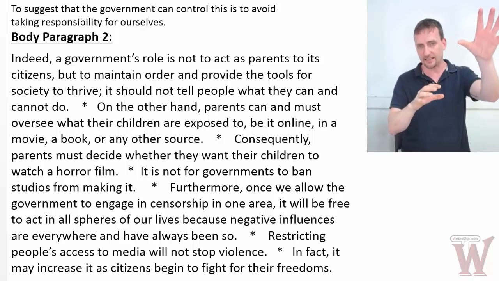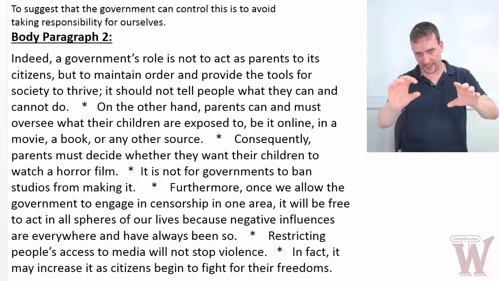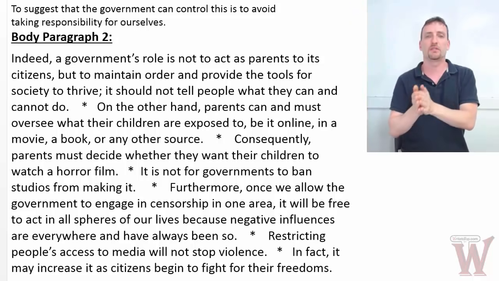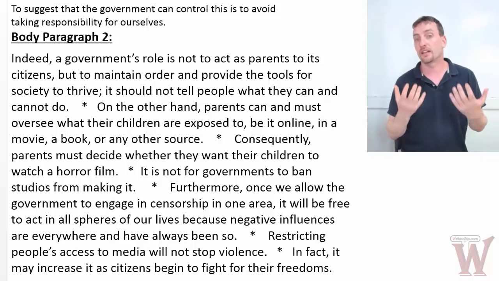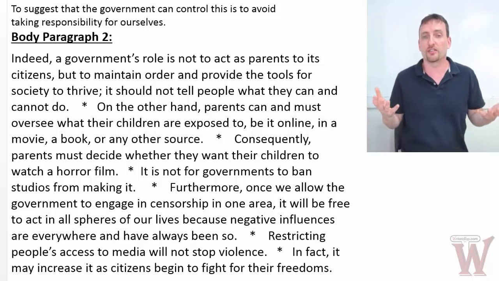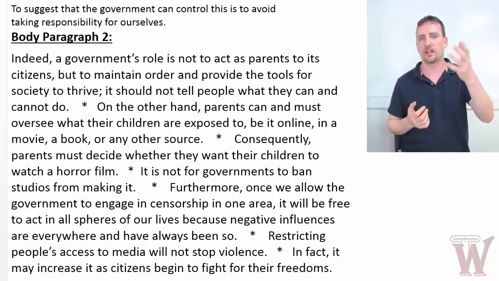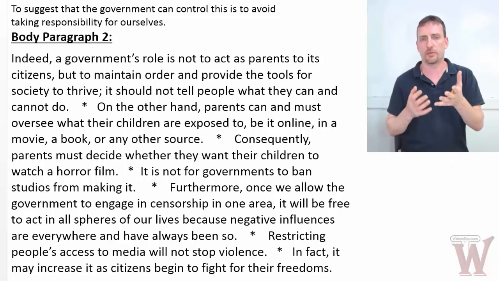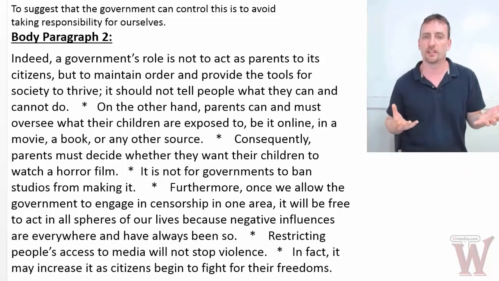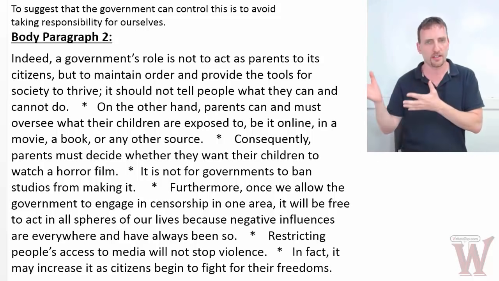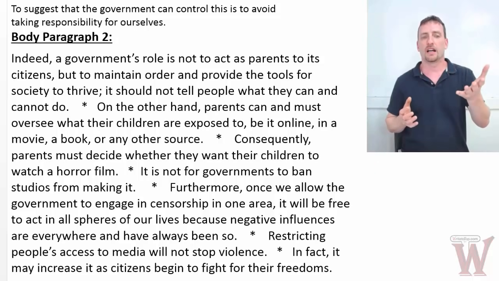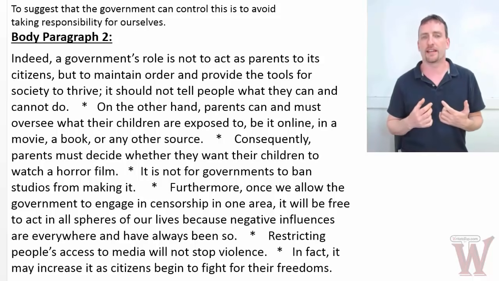I'm taking the last idea, I'm reinforcing it at the beginning of the sentence, and then what is my topic for this paragraph? People's roles and the government's roles. What is their duty, right? So their duty is not to act as our parents. Their duty is just to make sure that we have a good country to live in, a safe country, good infrastructure, good economy, all these things, okay? So the government should not tell people what they can and cannot do.